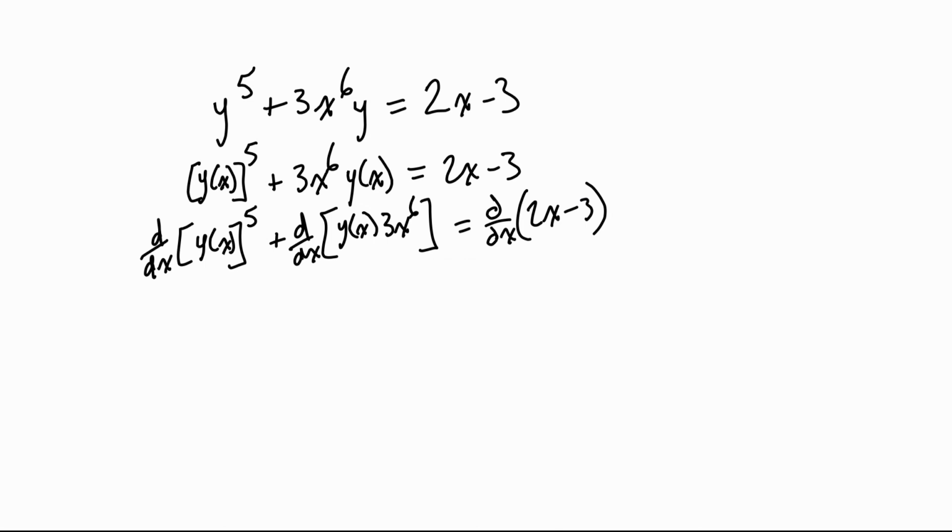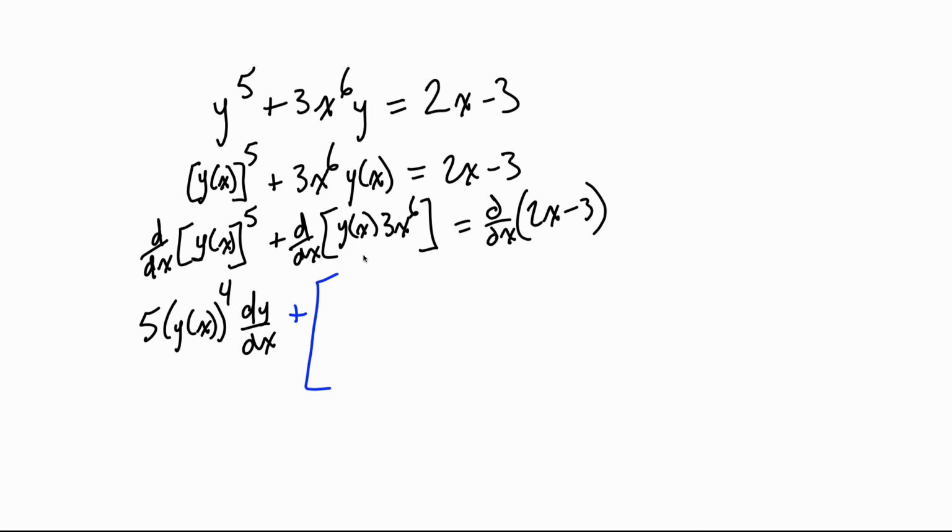So now to compute those derivatives, for the first term, d by dx of y of x to the 5th, we chain rule it, so we get 5 times y of x to the 4th times dy by dx. And for the second term, I'm going to need the product rule because I've got two functions in there, y of x and x. I'm going to do that in blue and put big brackets around it so it's clear.